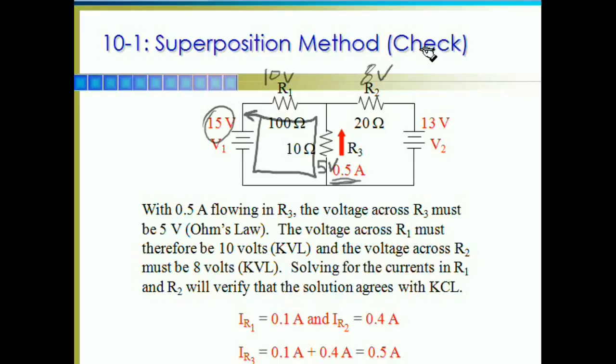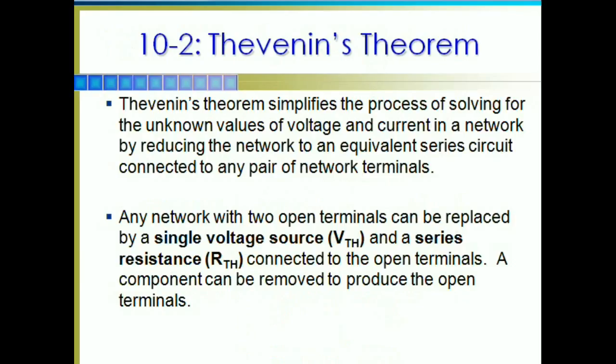And there we go. And that's how you figure out all the voltage drops in the rest of the circuit. It's pretty much as simple as that. Okay, that was superposition in a nutshell.